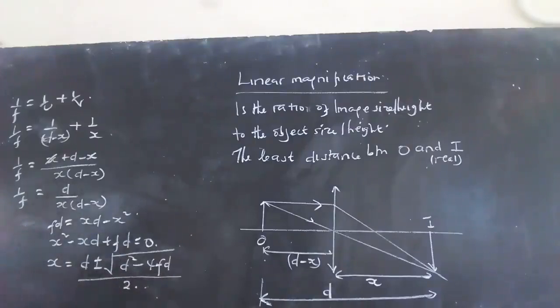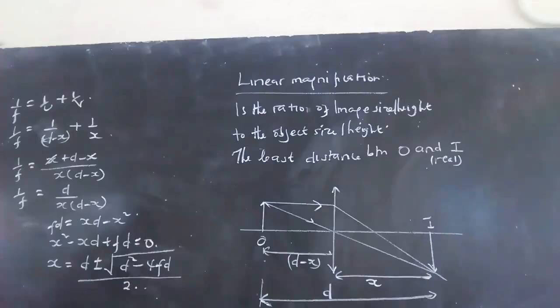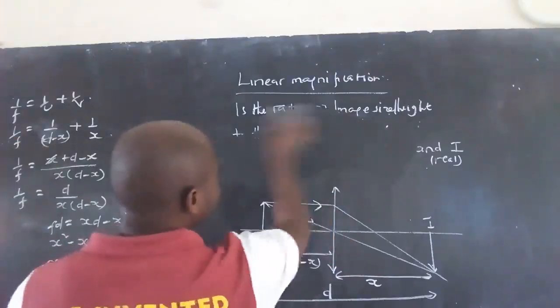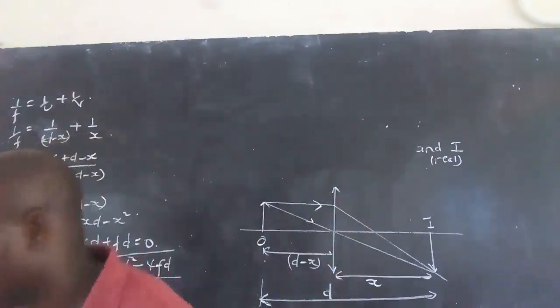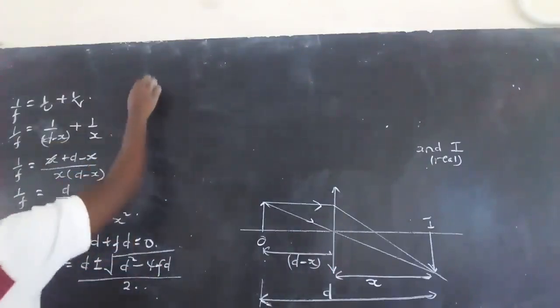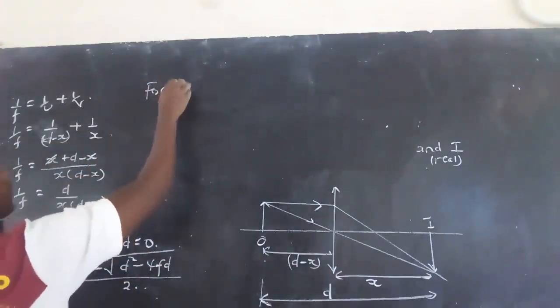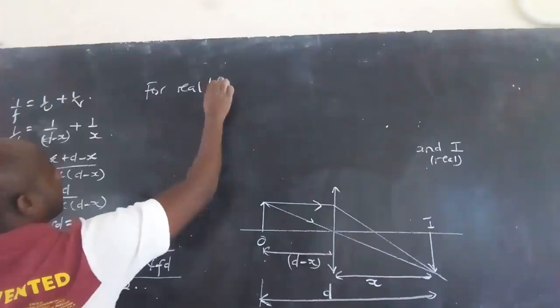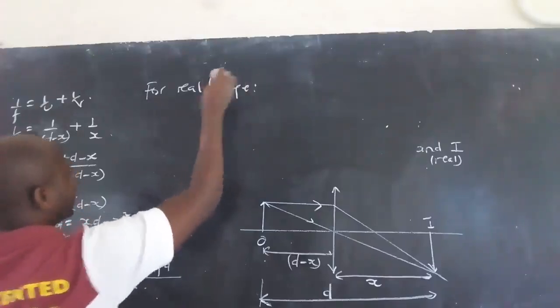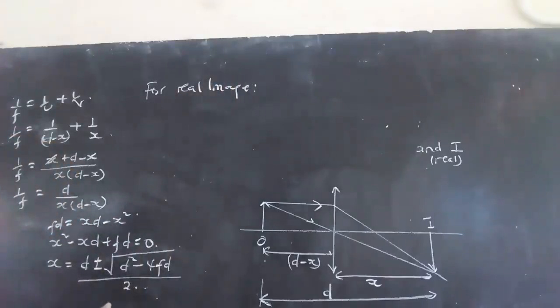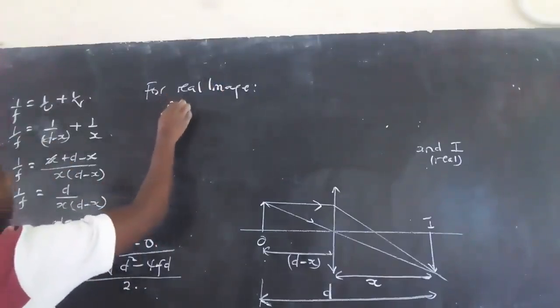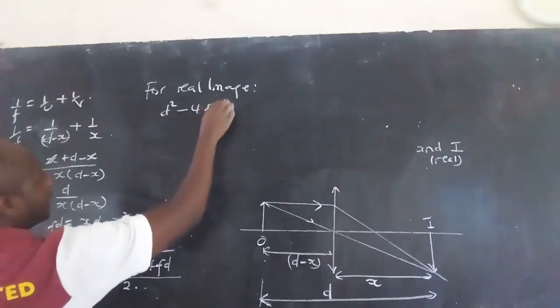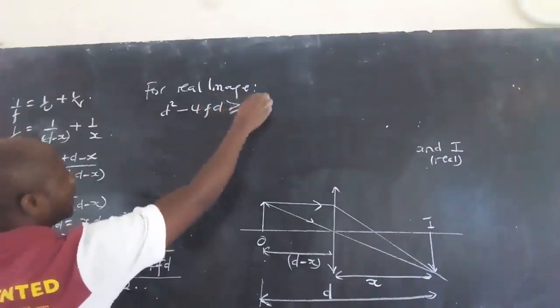Then we shall now say for the image, for real roots, those are in mathematics, you know, for the image to occur, it means that d squared minus 4fd should be greater or equal to 0.